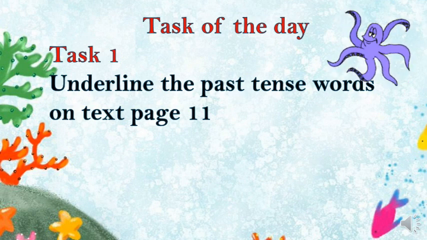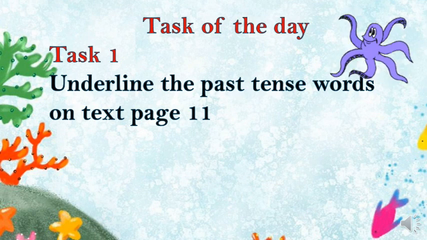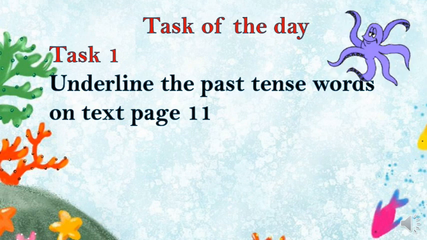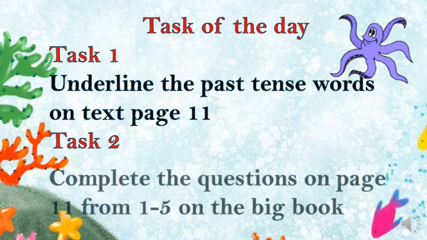If one word keeps repeating, no need to underline it again. If you underline it once, that is enough, okay? For example, there might be "ate" in many places, so you just underline only one "ate".